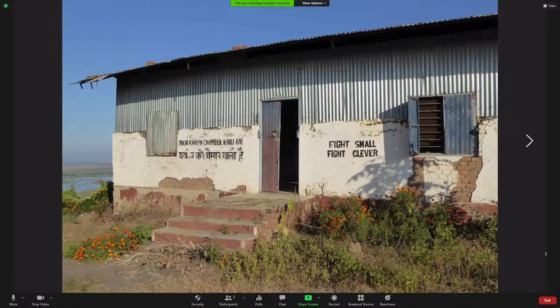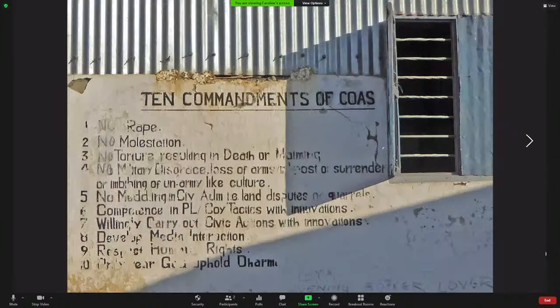Beside the watchtower, there were other buildings that had been abandoned by the Assam Rifles. Some good dereliction shots to be had. And some very interesting decrees, the commandments of the commanding officer of the, I can't remember what AS stands for.